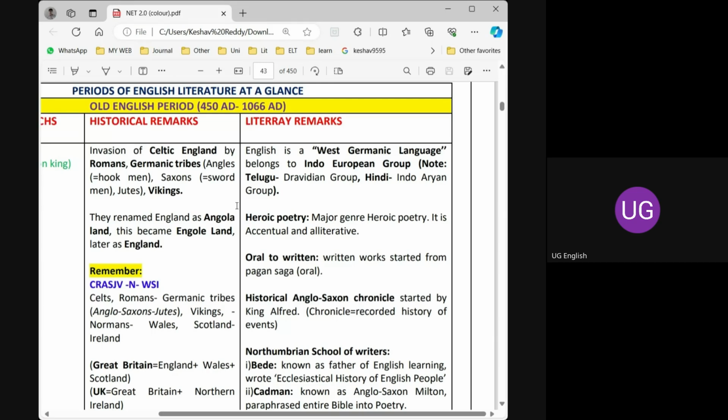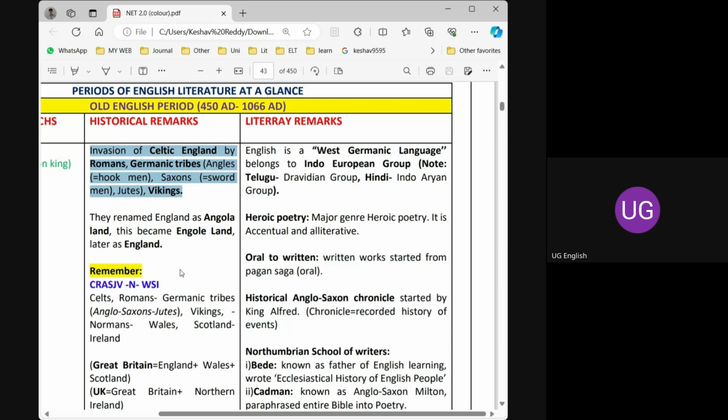For example, the beginning of English, the language English. In the beginning, England was called Angola land or Ingol land.